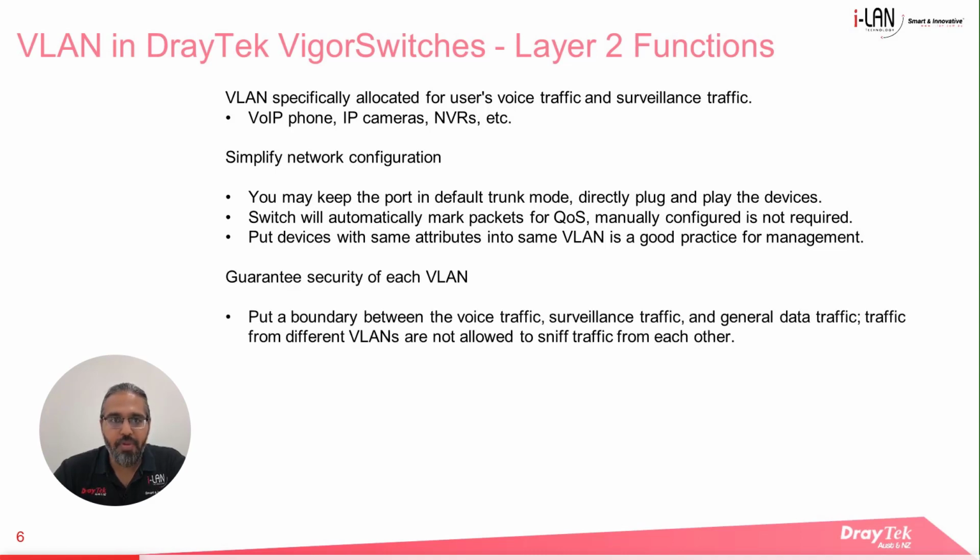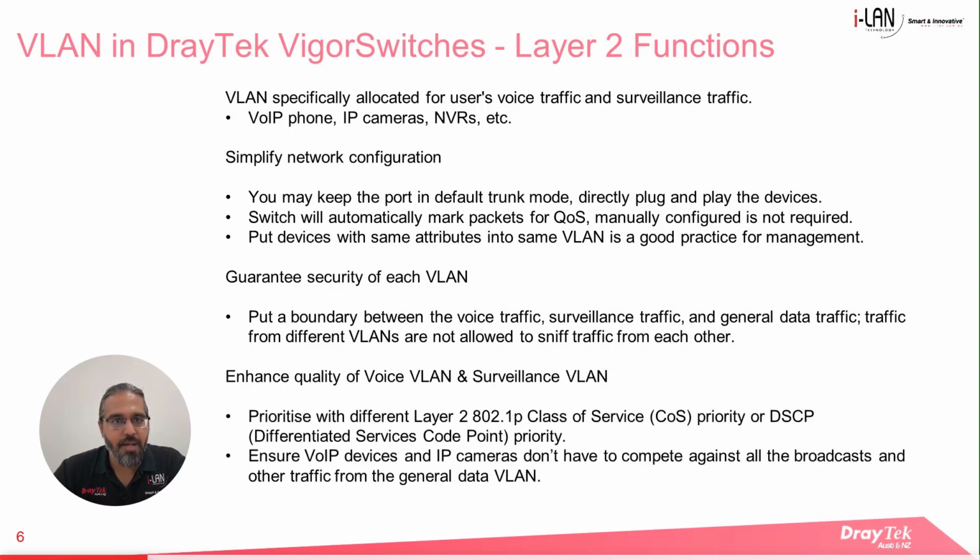This helps to isolate VoIP and surveillance traffic from general data traffic, thereby improving data security. Data packets are prioritized using different Layer 2 802.1p class of service priority, or DSCP, that is Differentiated Services Code Point priority, to improve VoIP quality.